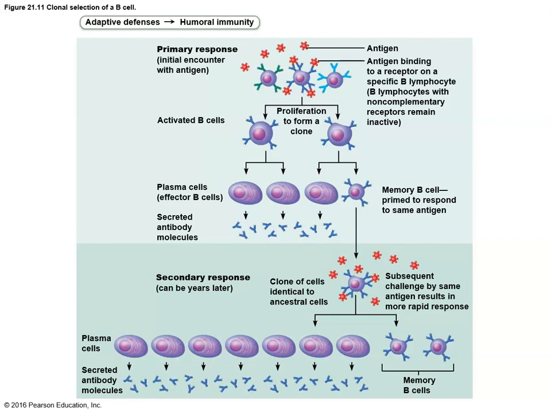They divide, they clone themselves, making lots and lots of themselves. Most of those become plasma cells, and the plasma cells are going to secrete antibodies. Antibodies are going to help tie up any of those antigens that they find floating around the system. But a couple of those cells will become memory B cells.